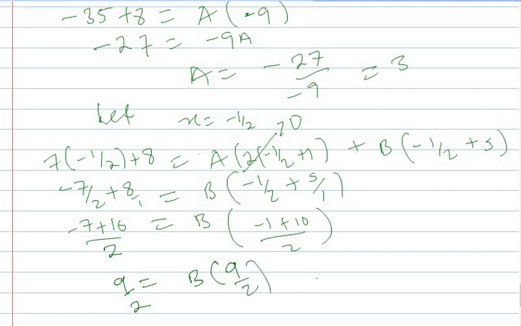So by making B the subject, let's cross multiply. We have 9 times 2 is equal to 9 times 2B, so we have 18 is equal to 18B. Then B is equal to 18 over 18, which is equal to 1.